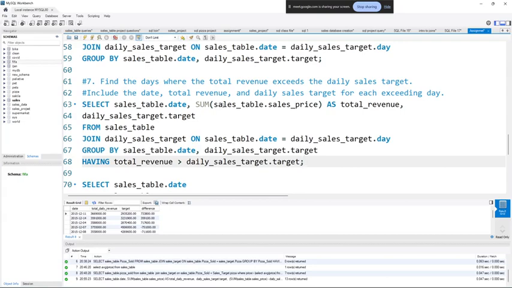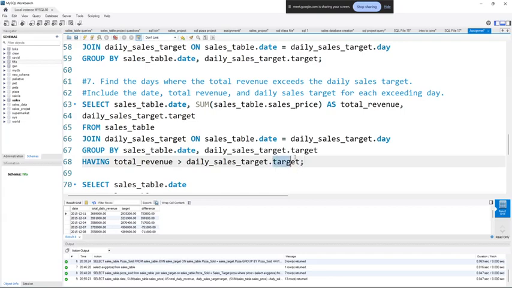And there is a condition. We said where the total revenue, that is the total revenue that we calculated, exceeds the daily sales target. I know the daily sales target is just a column, so it must be greater than the daily sales target.